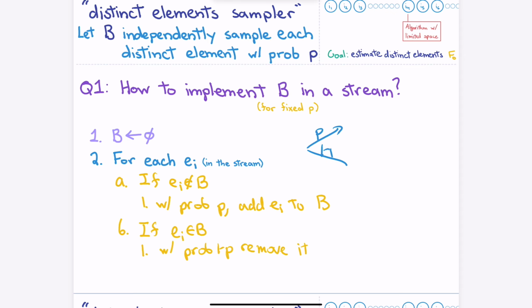With probability 1 minus p, you don't take it. So this is in B, not in B. Now you're saying if it's already in B, then with probability 1 minus p, we remove it. With probability 1 minus p, it goes over here. With probability p, it goes here. And in here, p times 1 minus p. Okay, so overall, what's the probability that we keep it?